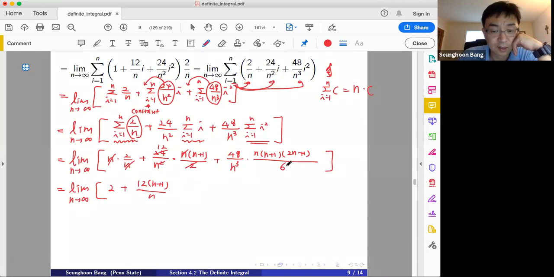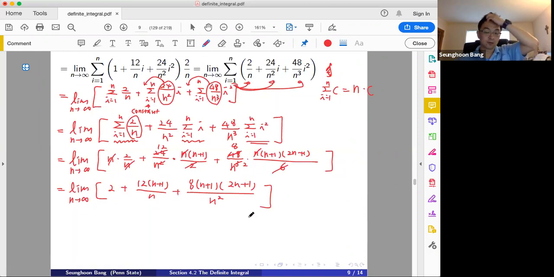Next, 6 is crossed out, change to 8. One n is crossed out, so we have plus 8 times (n plus 1) times (2n plus 1) over n squared. Change to n squared, like this. Next, you have to distribute this portion.